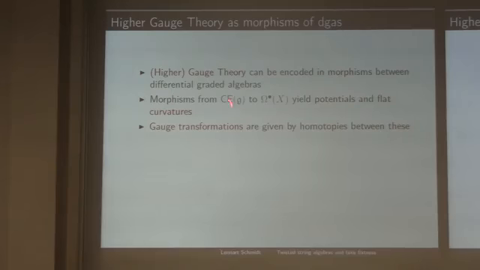And what you do is, you take some infinity algebra, you take the Chevalley-Eilenberg algebra, and take a morphism out of that to the de Rham differential forms of a manifold X, and that gives you potentials and flat curvatures. And homotopies between such morphisms give you gauge transformations.